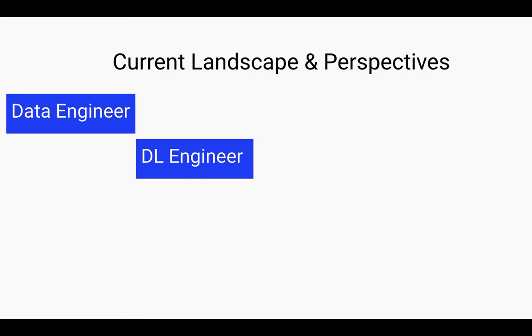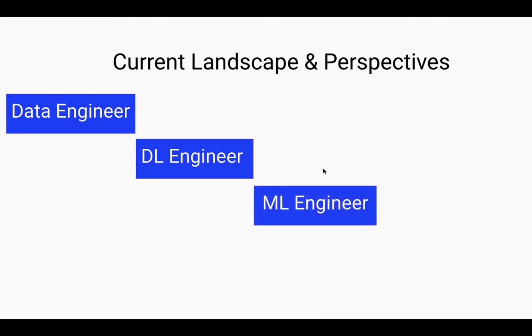The models that they build are termed deep models, and that's where the name deep learning engineer came from. Another one that probably a lot of you know is the machine learning engineer. A machine learning engineer is quite similar to a deep learning engineer. Aside from that, they basically use the common algorithms that we all know to parse data. They learn from that data and make informed decisions based on that.